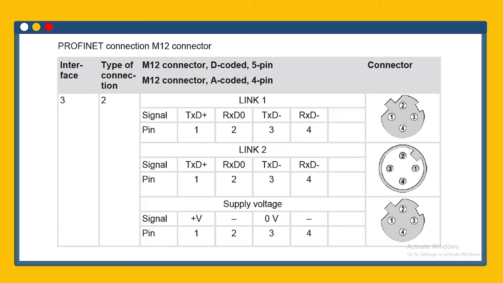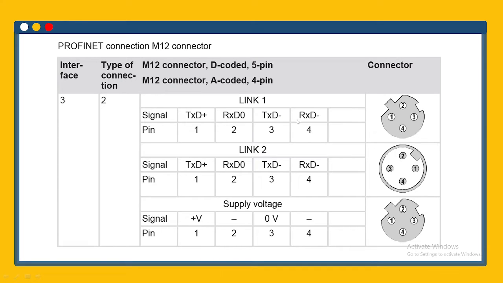Okay, so basically this is the Profinet connection for the encoder, Profinet and power wiring. Both wirings are explained in this sheet. You can find these wiring details in the encoder manual. First, you can see here this link 1, this is for Profinet. Link 2 is also for Profinet.